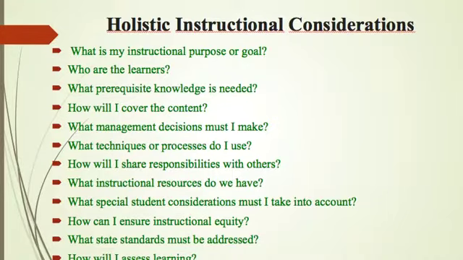Who are the learners? What is their cognitive level? What is their age? What are the instructional needs? What prerequisite knowledge is needed? If a teacher is teaching a concept, what prerequisite knowledge should the student have in order to learn the concept?